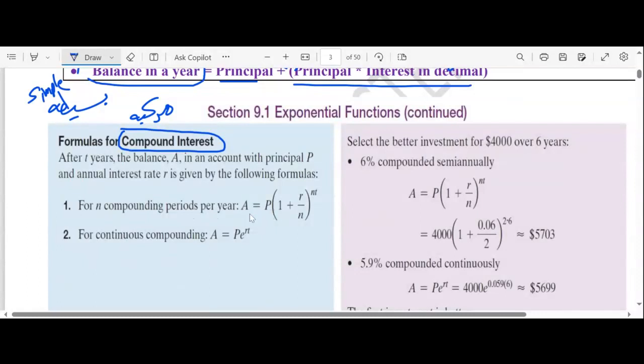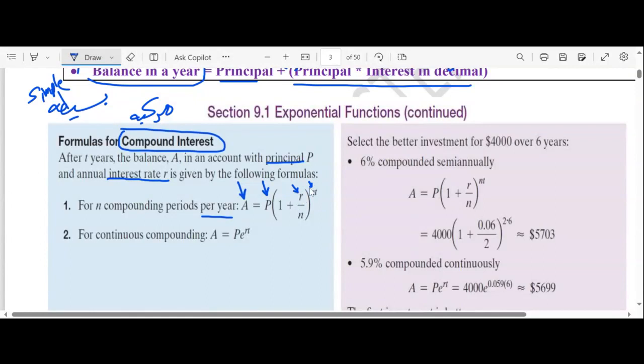A equals what? A is the balance after a certain time in years, okay? So P is the principal. What is R? The interest rate. What is N? How many times per year you are getting paid, okay?